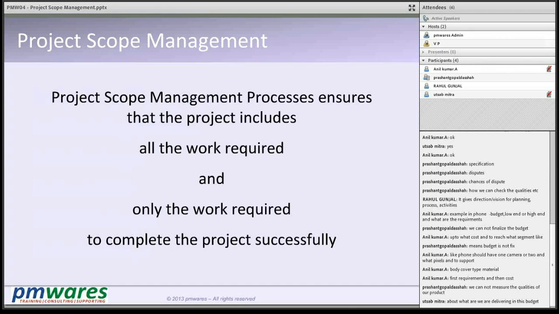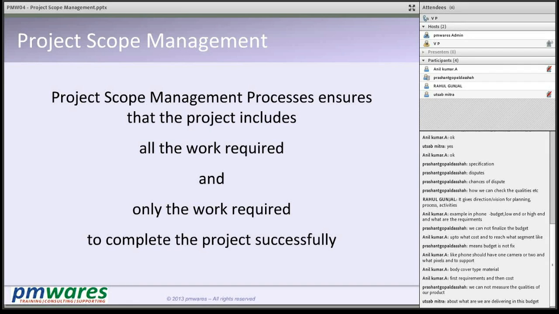So we define the scope to ensure that we do all the work which is required in this project and do only that work which is required. All and only the work that is required to achieve the objectives of this project. If you don't know the objectives properly, you will not be able to define the scope properly.